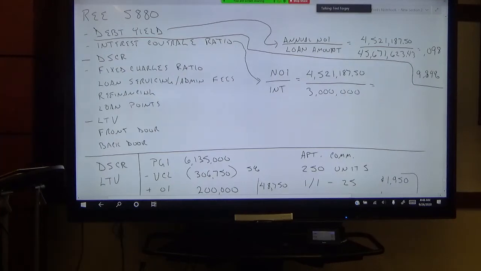If that's the case, we would end up with an interest coverage ratio of 1.507, meaning that we've got 50% more income than we need to cover basically our interest expense. Okay?